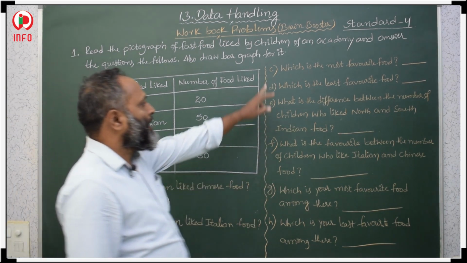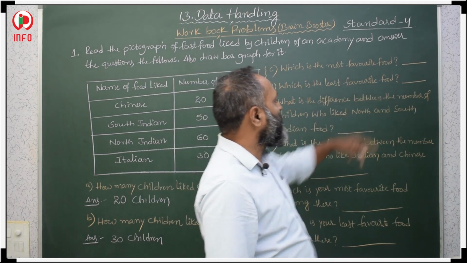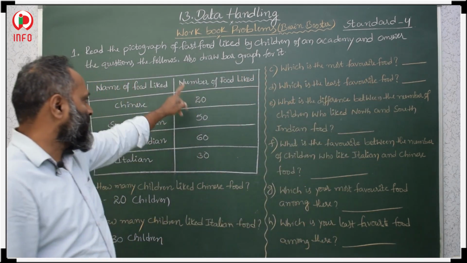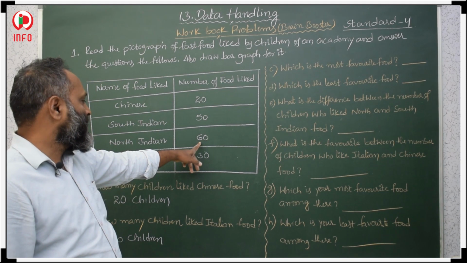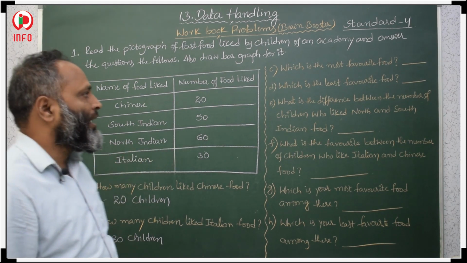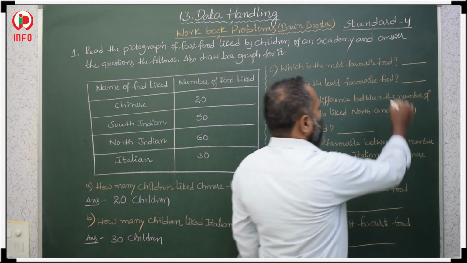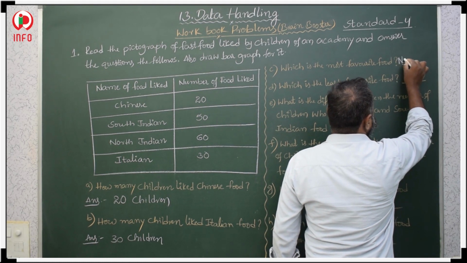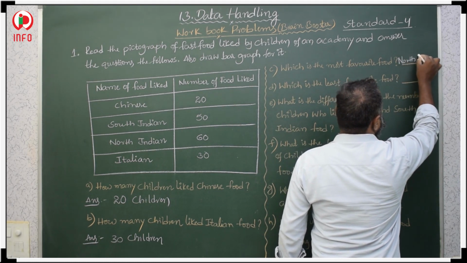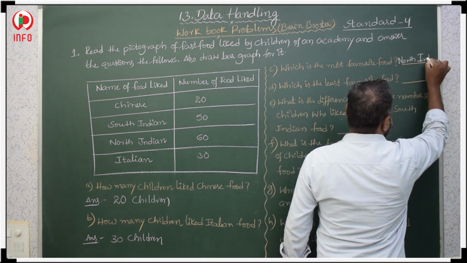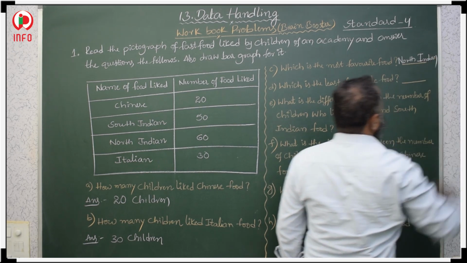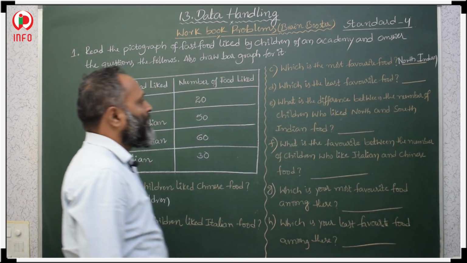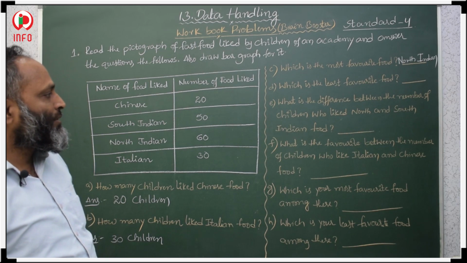Then, which is the most favorite food? Most means we have to see which is the highest number here. 60 means North Indian. North Indian is the most favorite food. Which is the least favorite food?